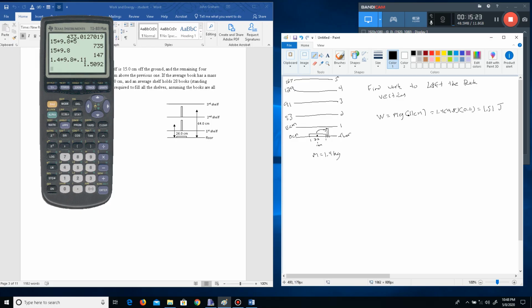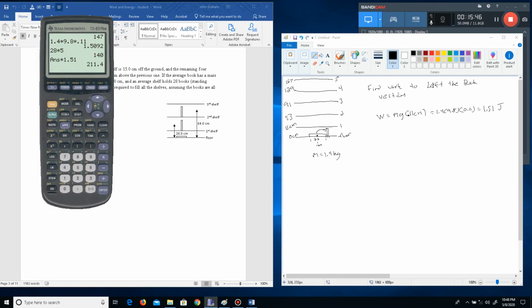So we have to figure out how many books we're going to have. If we're going to put 28 on each of these shelves, and we have 5 shelves, we're going to have 140 books. So multiply this by 1.51.